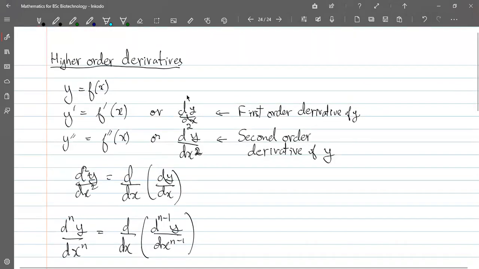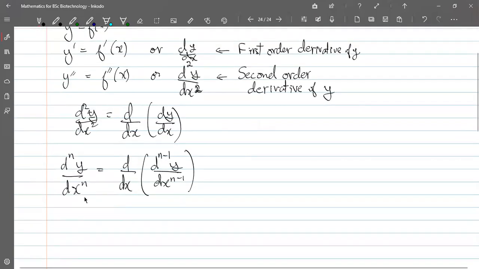So normally we don't write d to the 1 y by dx to the 1, although that's fine. That's also a valid notation once you define this. We just don't write it. Just like we don't write x power 1, we just write x. So similarly here we write dy by dx, that is first order derivative. D square y by dx square is derivative of that. So nth order derivative must be first derivative of n minus 1th order derivative. So this is nth order derivative, or simply nth derivative.